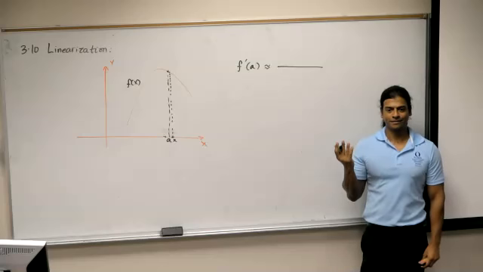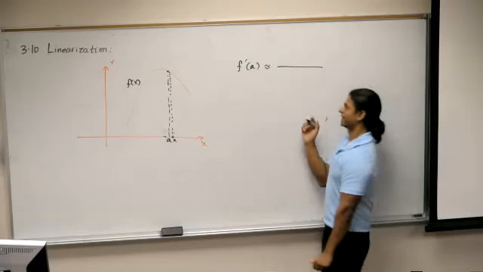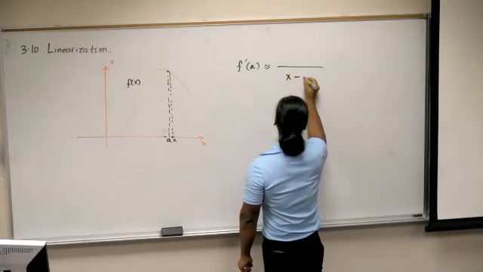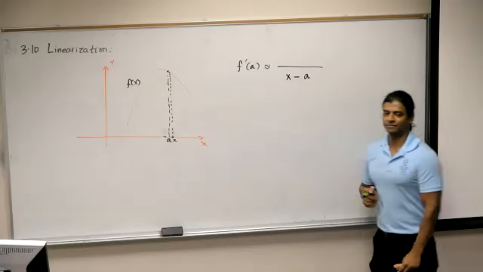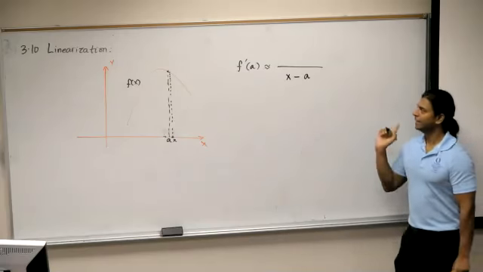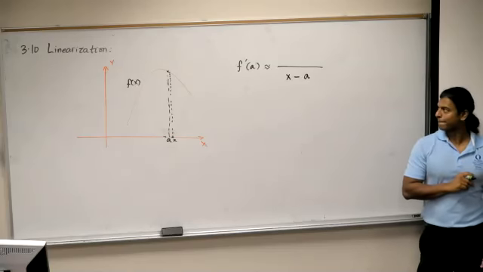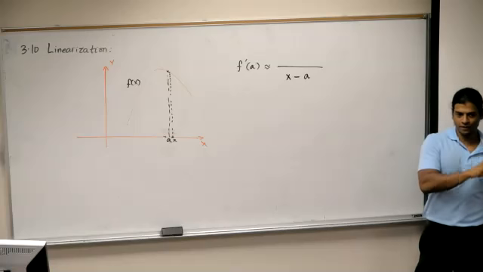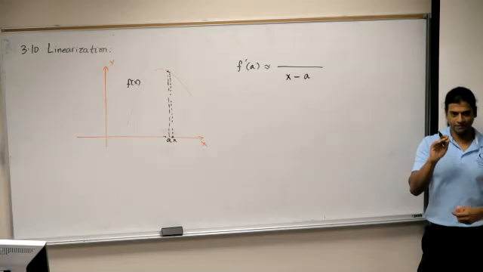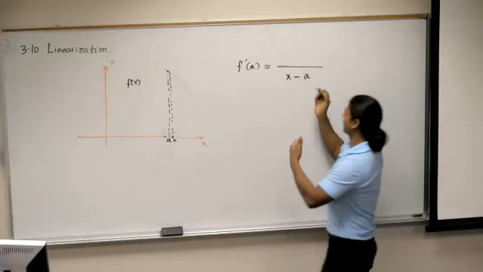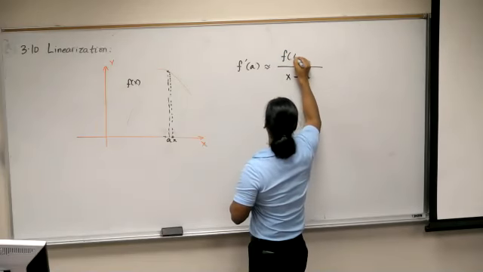It would be x minus a. Good. In the numerator, what would we have? y2, go ahead, Caitlin. f of x minus f of a. f of x minus f of a.